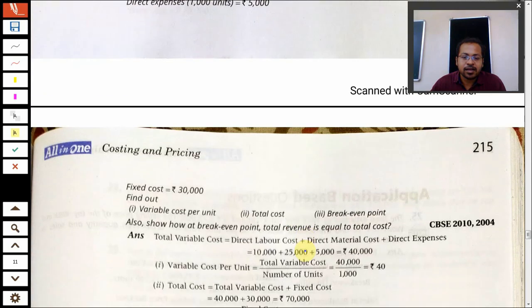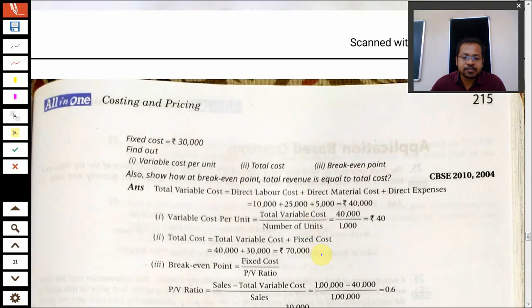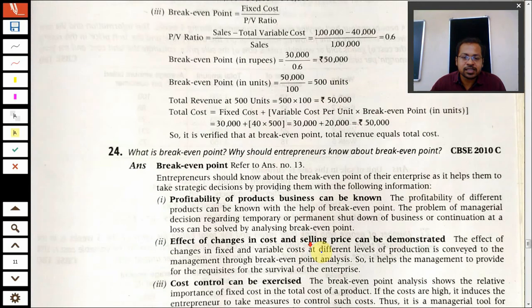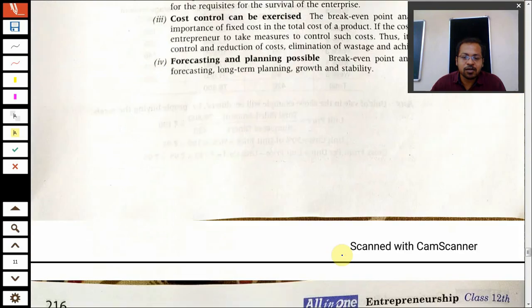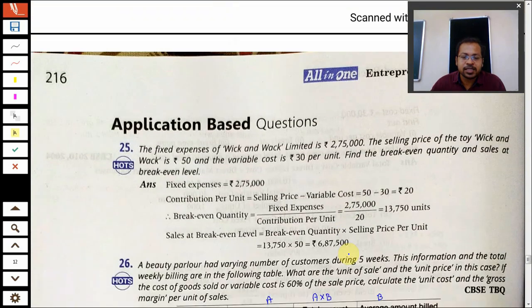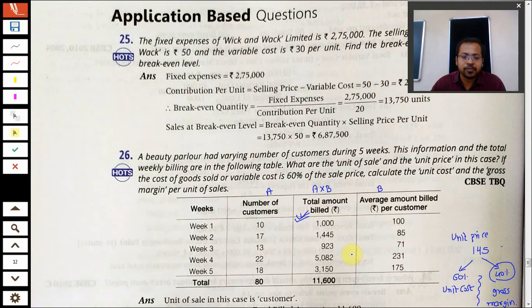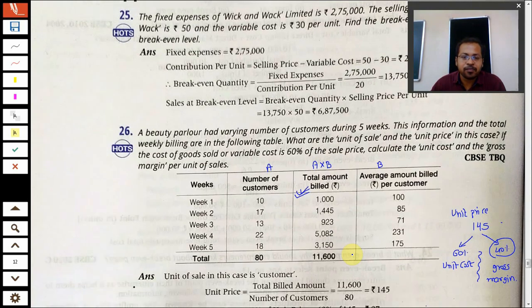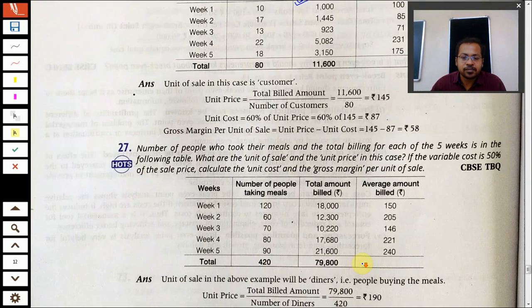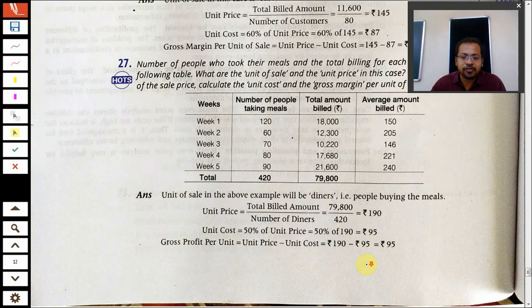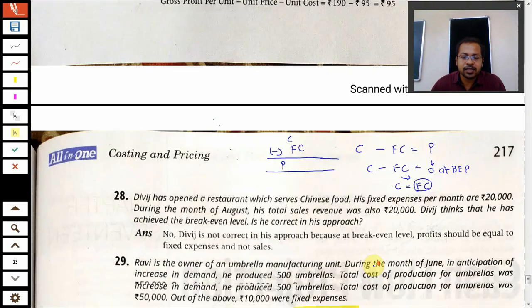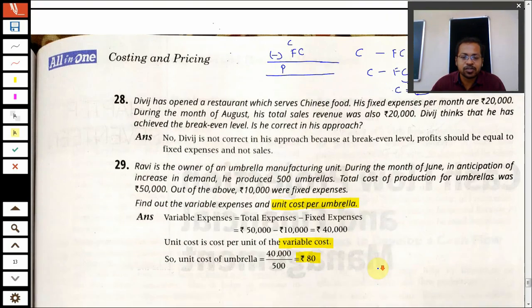Then the next question was also discussed, that was not about multi-product. Okay, now let's see if any question is based on this approach.